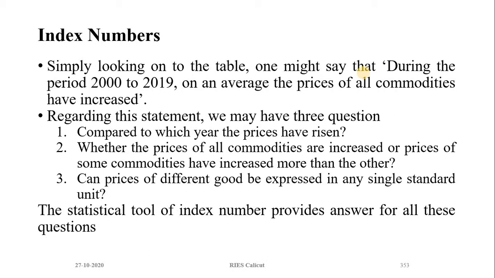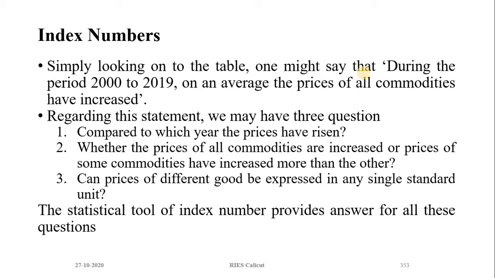So there are three different questions. The first question was, compared to which year has the price risen? The answer was the 2000 prices. Second question, whether the prices of all commodities have increased or the price of some commodities has increased more than that of others. We have seen that almost all the commodity prices have increased, but their rates of increase have been different, and one commodity has not increased but decreased.